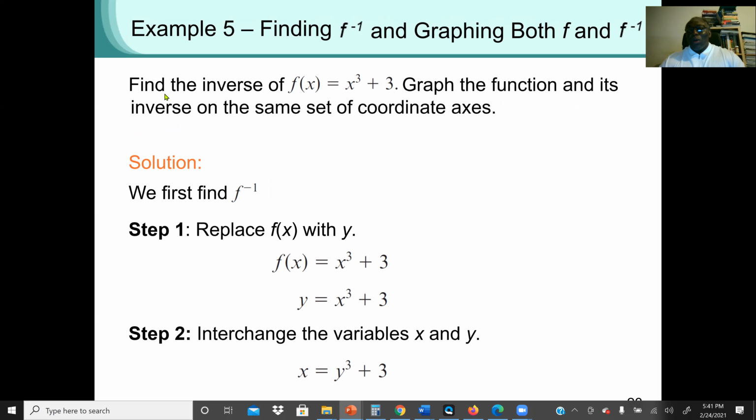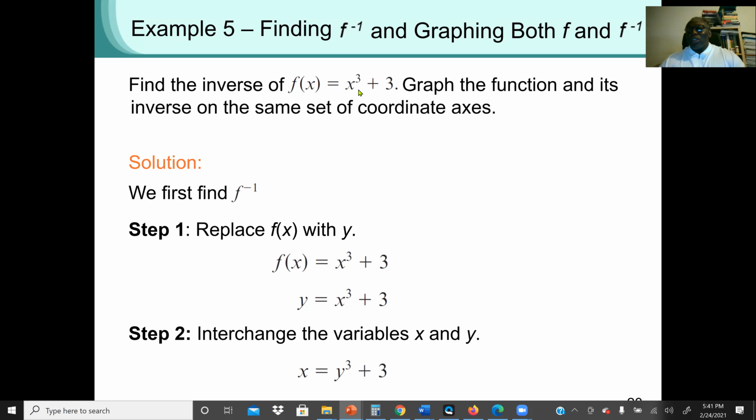So let's try one more example. Here they say we should find the inverse of f(x) equals x cubed plus 3. Then we should graph the function and its inverse on the same set of coordinates. Here, I won't graph the function because if you use a graphing calculator, you can easily graph it. Just enter the function and you get it.